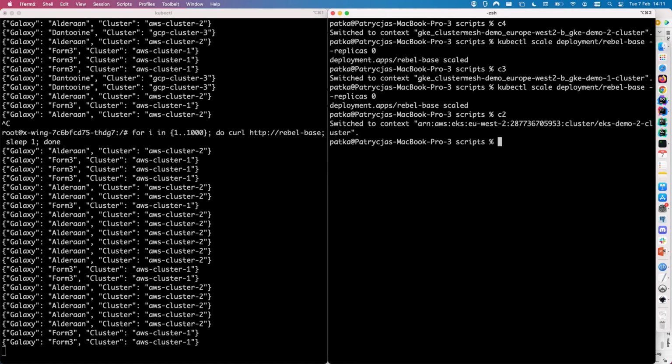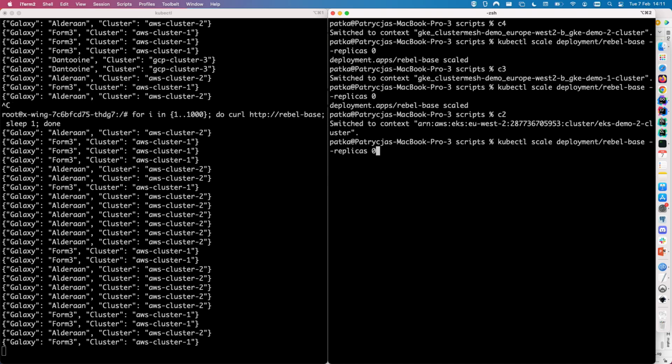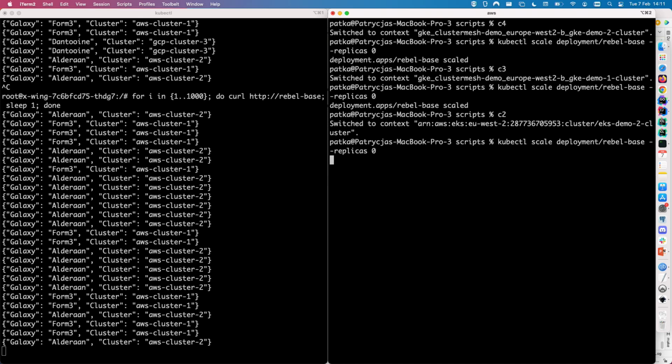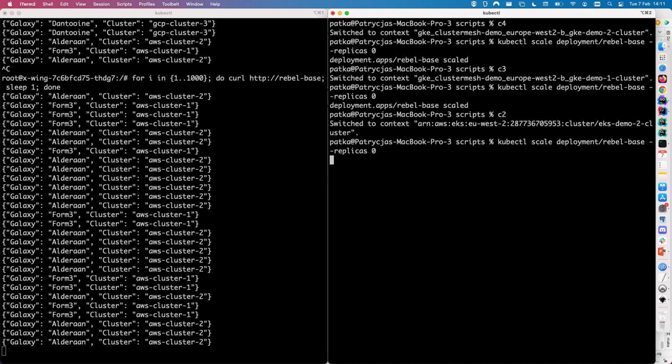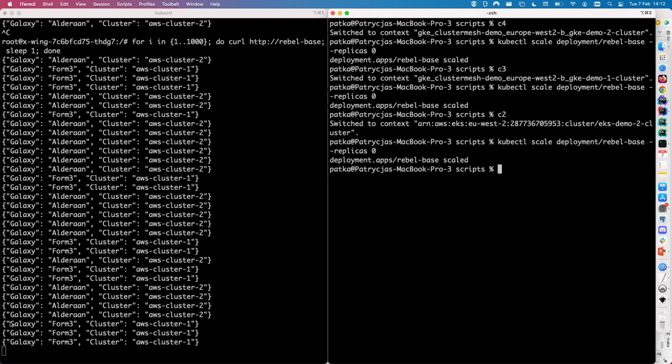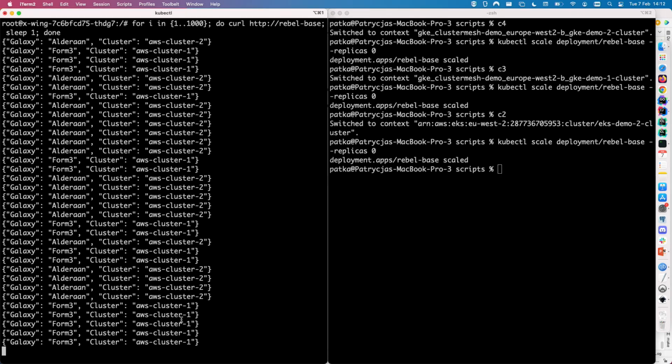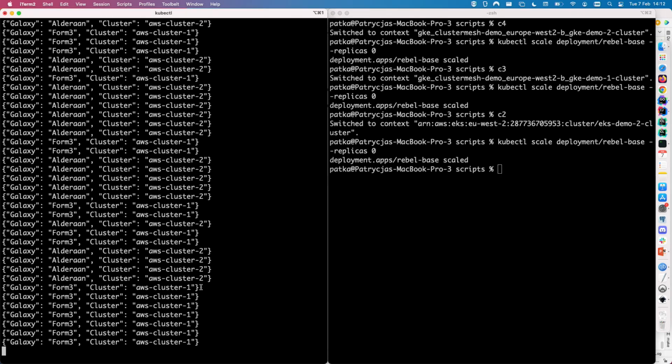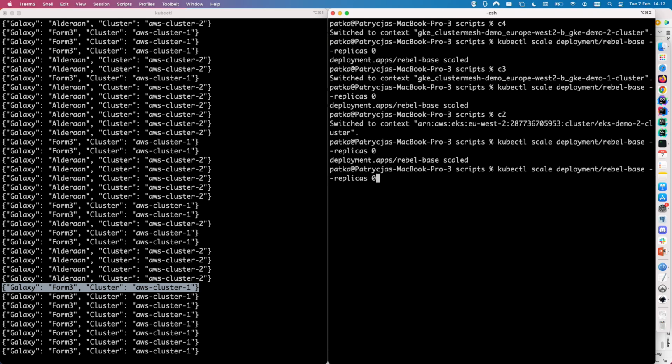So now let's scale down our third cluster, this one in AWS. And now there is only one cluster left, and Form 3 rules the galaxy. But we are not that greedy, we are not evil, so let's scale back.